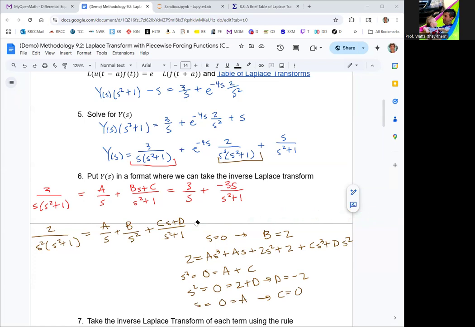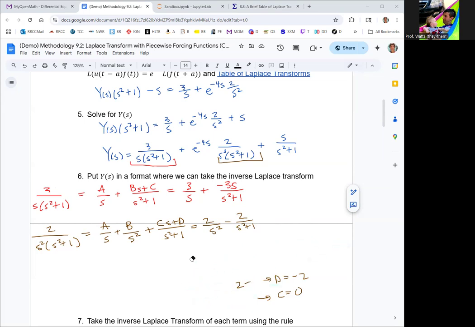All right. So our decomposed form, we don't have that first fraction, a over s, we just have the 2 over s squared, and then minus 2 over s squared plus 1. All right, now we put this all back together.